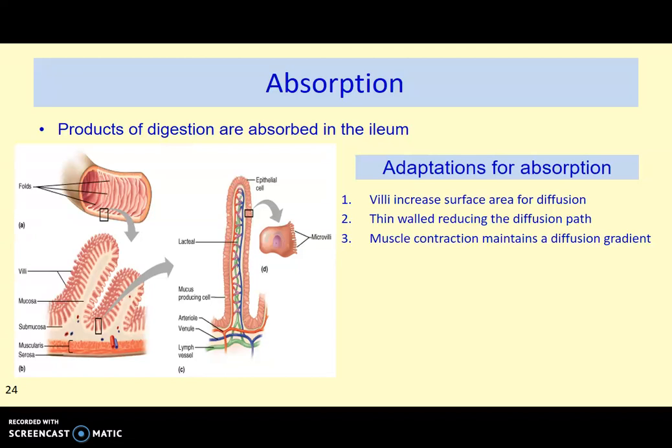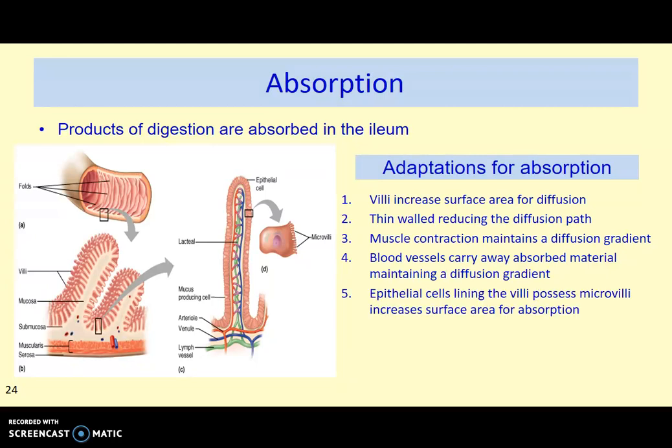Remember that the small intestine moves things along with that peristaltic movement. Blood vessels carry away absorbed material as soon as it diffuses across into them, and so again we're maintaining a diffusion gradient. And lastly, we have those microvilli on each villus that increase the surface area for absorption.